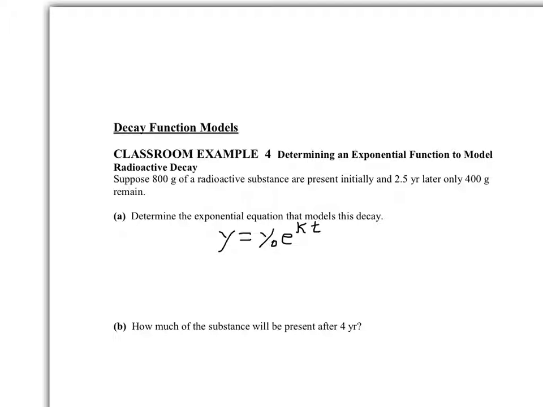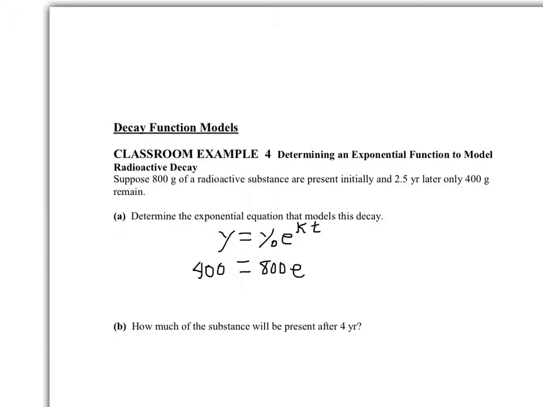Now if we think about the pieces of information we have, the y sub 0 stands for the amount we start with. And how much did we begin with? 800 grams. How much do we end up with? 400. That's going to be the y value.